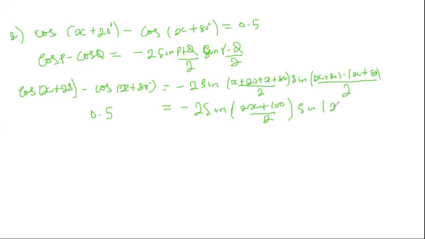Then 20 minus 80 is negative 60. Divide by 2. So 0.5 is equal to negative 2 sine of x plus 50 degrees, and then sine of negative 30 degrees.